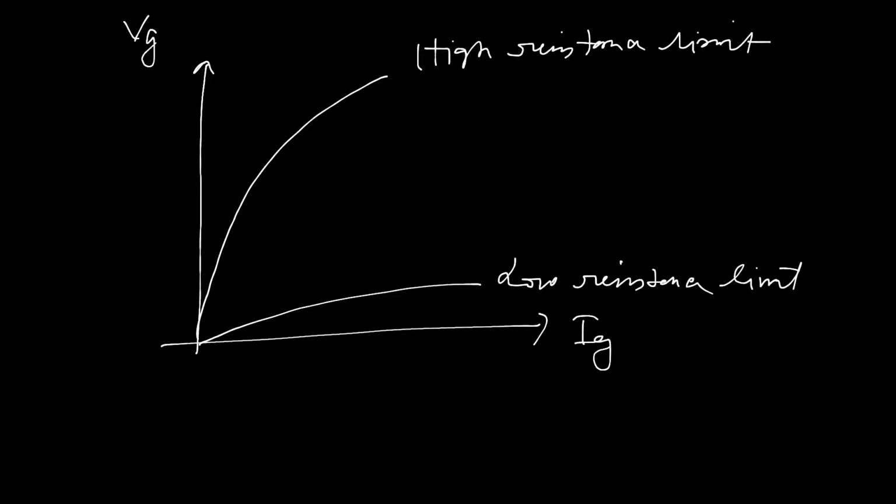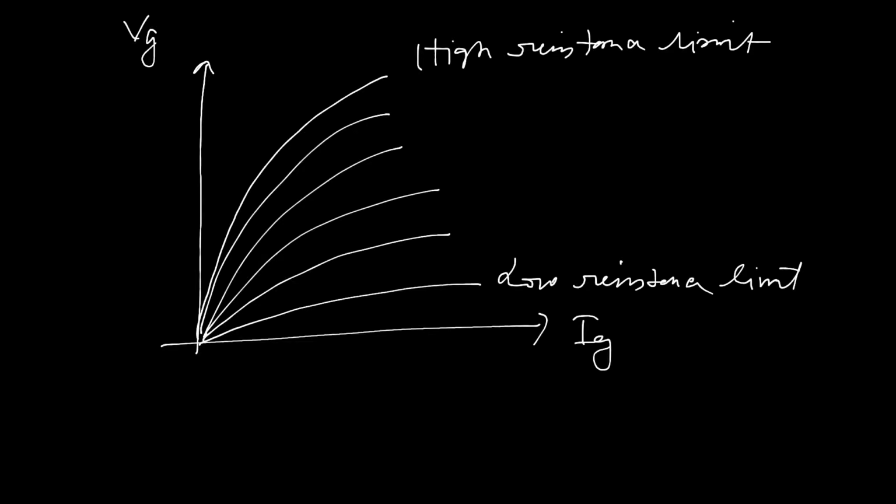That means the gate characteristics of any kind of SCR should lie between these two maximum and minimum range of resistance path or resistance limit. Okay, so we can say the gate characteristics of the thyristor cannot be above the high resistance limit, as well as cannot be below the low resistance limit.